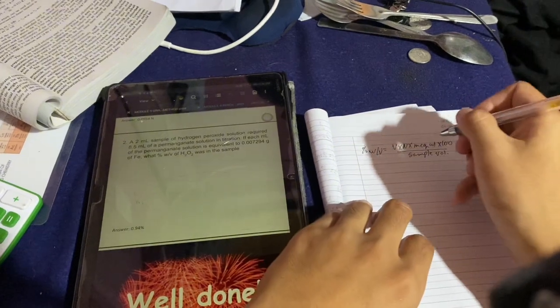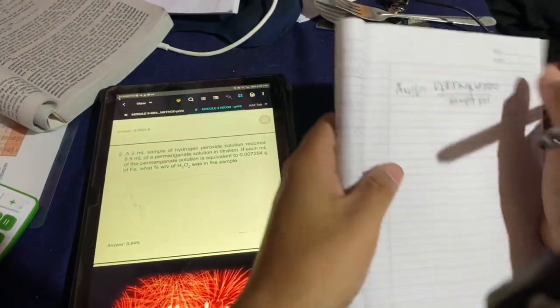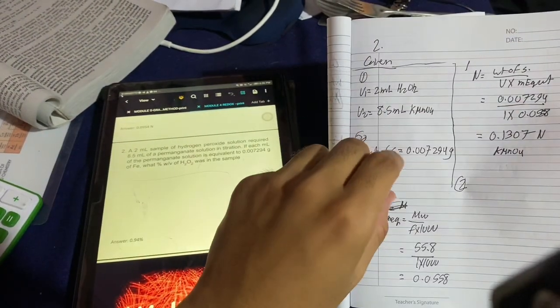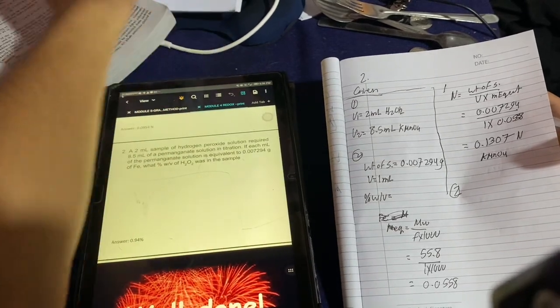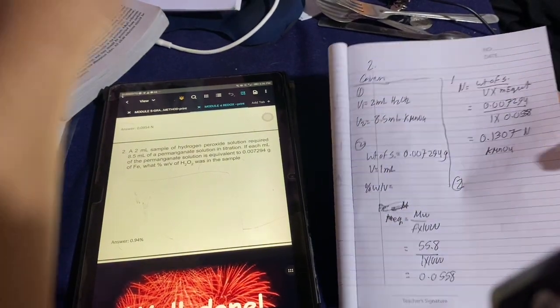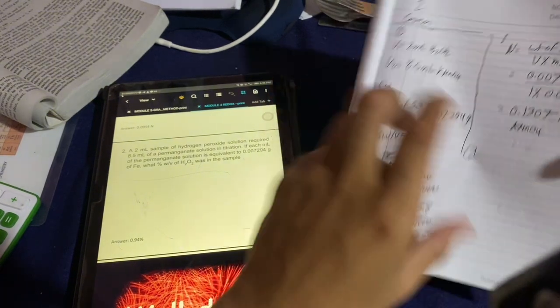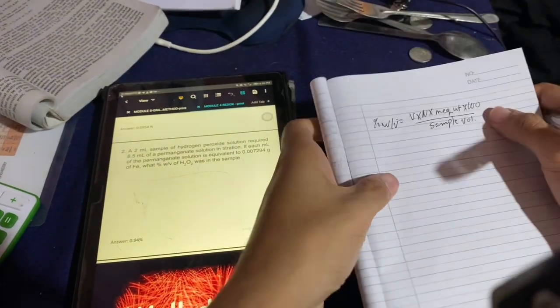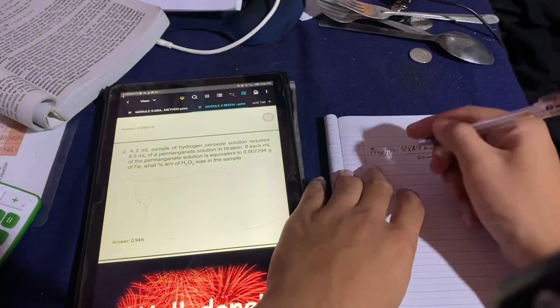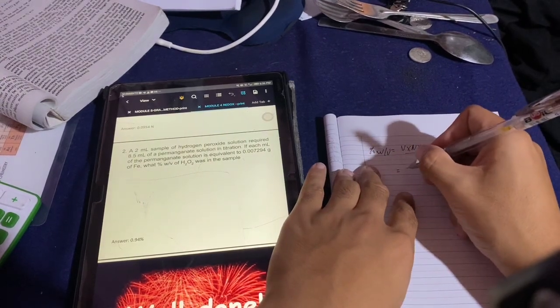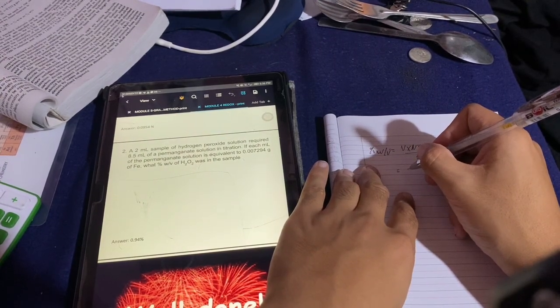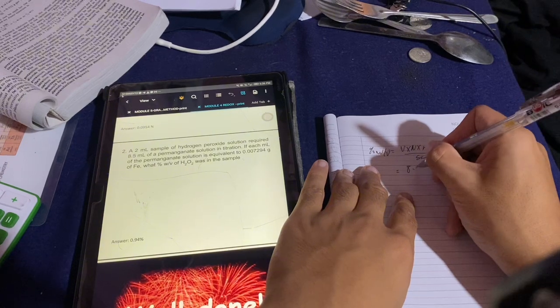In order to calculate, let's look at our givens. The volume we will use is very easy, guys. The volume we will use is the 8.5 ml, because this is the volume of the titrant, the volume of the titrant, which is 8.5.